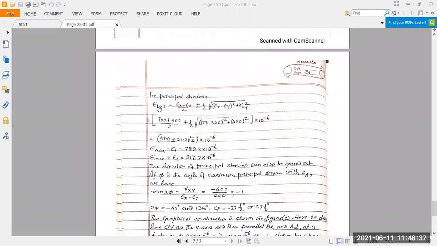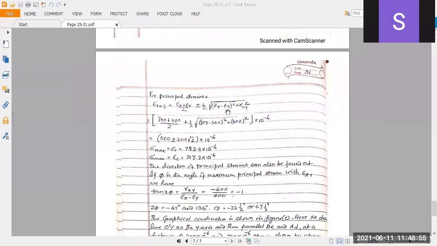Now, epsilon 1 and epsilon 2 is epsilon x plus epsilon y by 2 plus minus half square root of epsilon x minus epsilon y whole square plus gamma xy square. We have calculated gamma xy, and epsilon x and epsilon y are given to us.